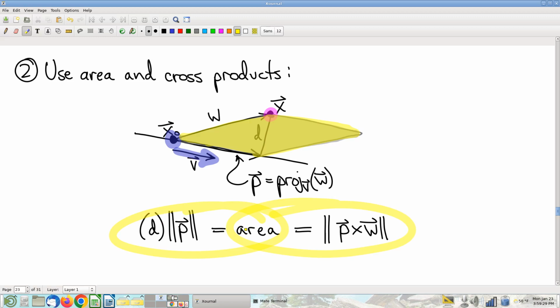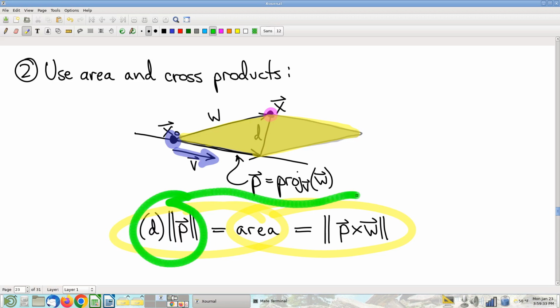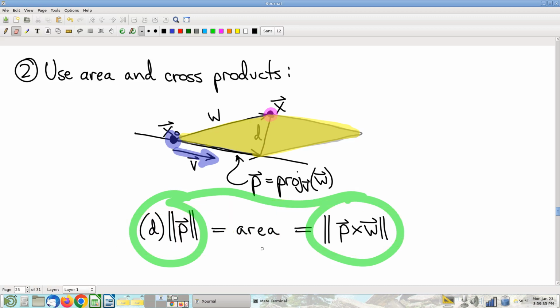And by computing it 2 different ways, I find myself knowing that these 2 things are equal. So if the thing that you want, this distance, is involved in one of the computations, then by computing this thing that we did not want, again, I don't care about the area, nobody asked me about the area, I get an equation that involves the thing that I do want.